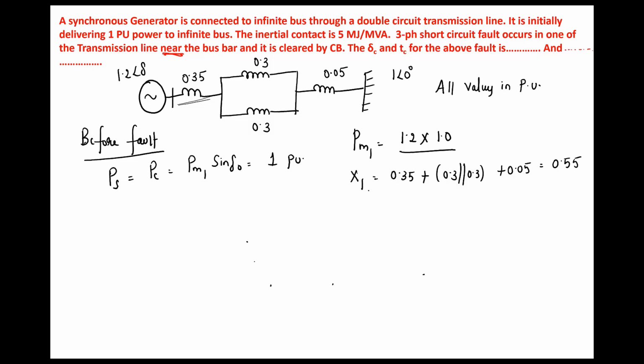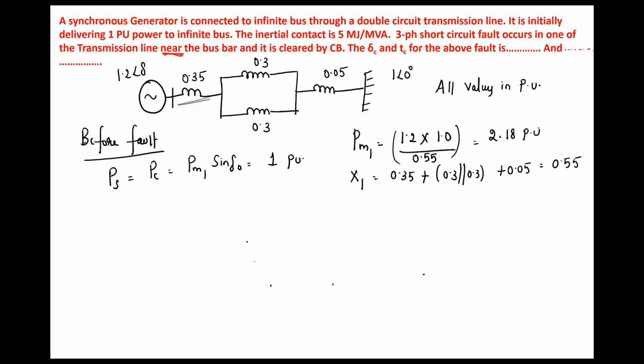So your steady state stability limit PM1 will become 1.2 divided by 0.55. So what is this value? 2.18 per unit. This is this one.